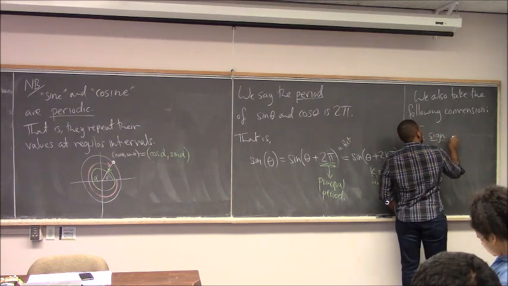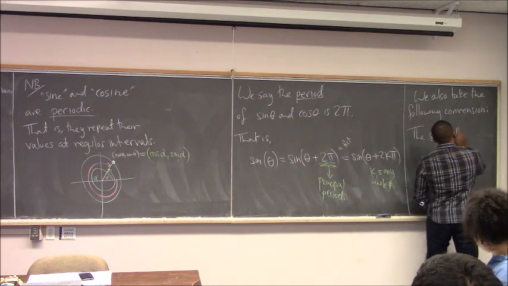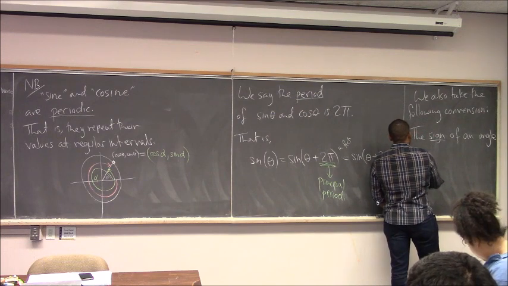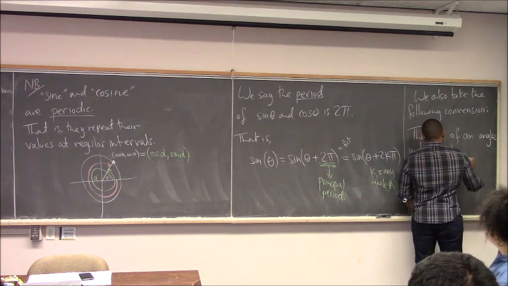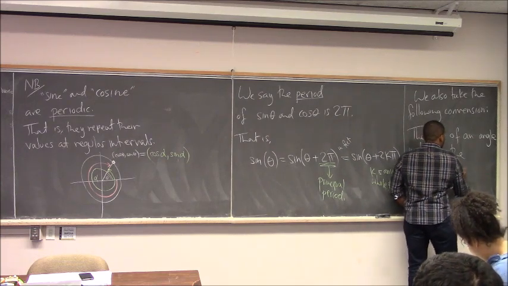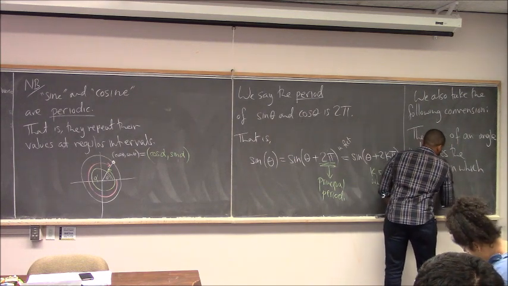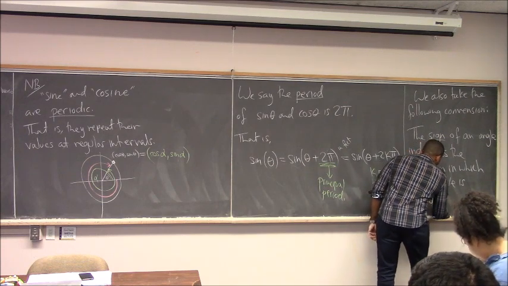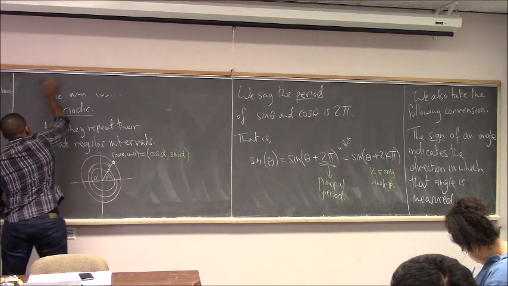The sign of an angle, plus or minus, indicates the direction in which that angle is measured. Specifically, we take the following convention.